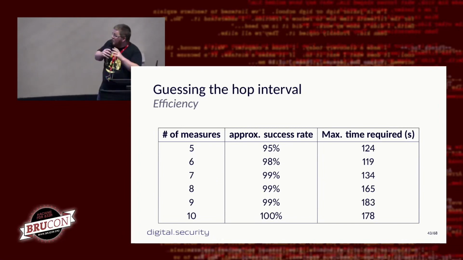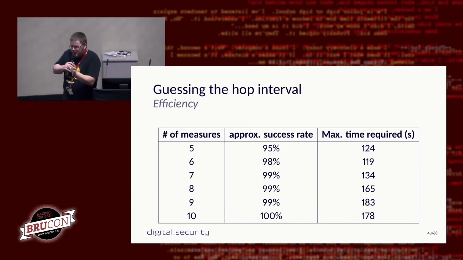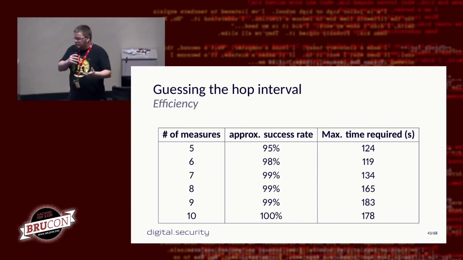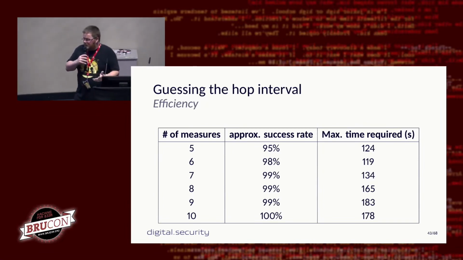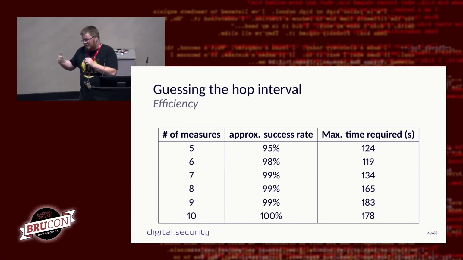As you can see, if you only take 5 measures, you get a 95% success rate. If you want 100% success, you need to make 10 measures. So it takes some time to do these measures, but in fact it works. The maximum time required here is 178 seconds, so a few minutes to recover this value.